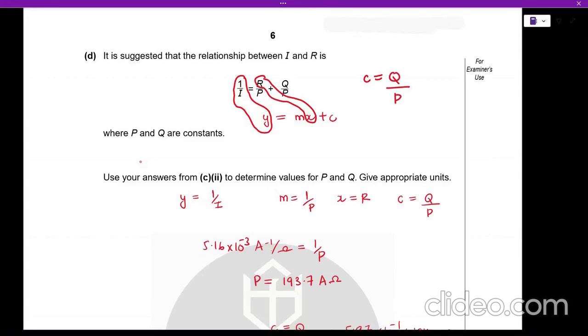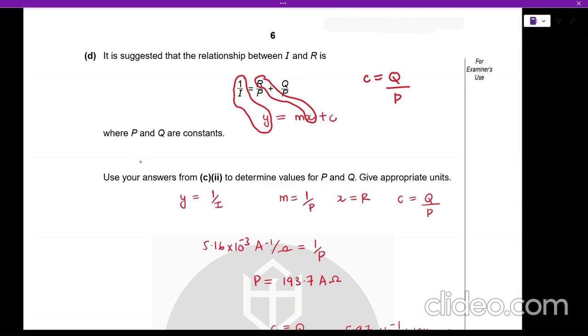Through this, as we knew the gradient, found out in the previous part, it was 5.16 × 10^-3 A^-1 Ω^-1. So we are just going to swap the places of P and the gradient. So P is going to be 1 over 5.16 × 10^-3, which comes out as 193.7.